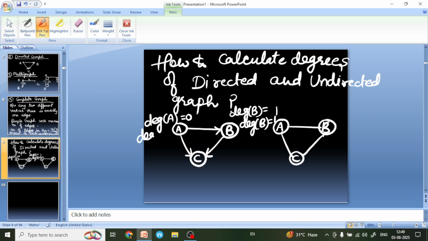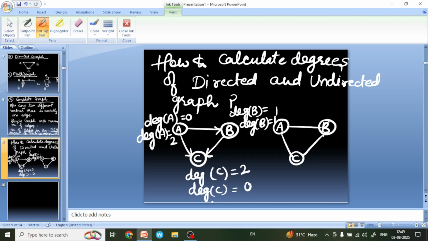Here for A, one degree is 0 and another degree is 2. Here the degree of C is 2, and the other degree of C is equal to 0.